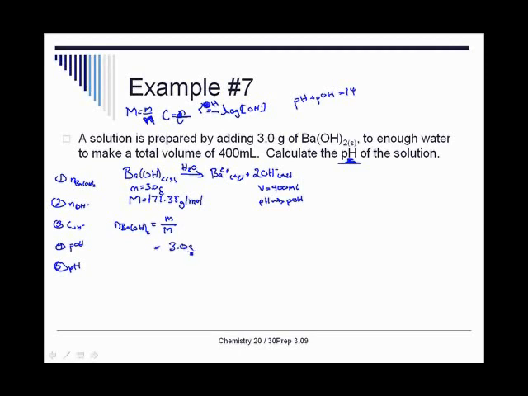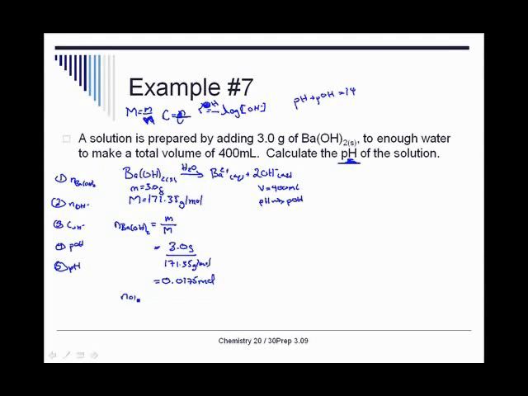And we get 3.0 grams divided by 171.35 grams per mole. And we get 0.0175 moles.